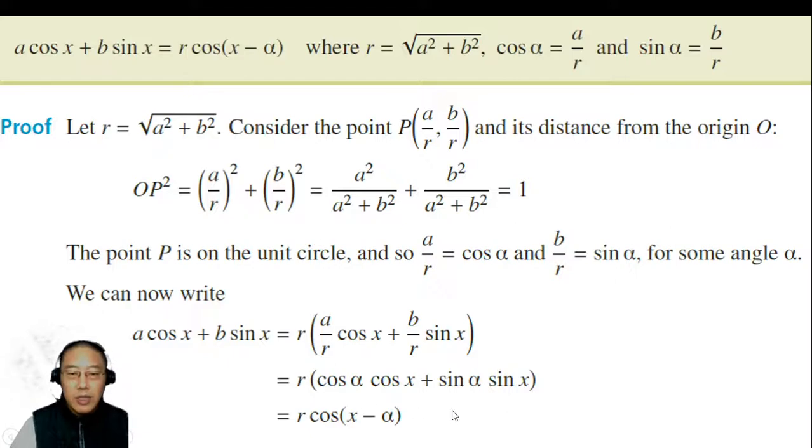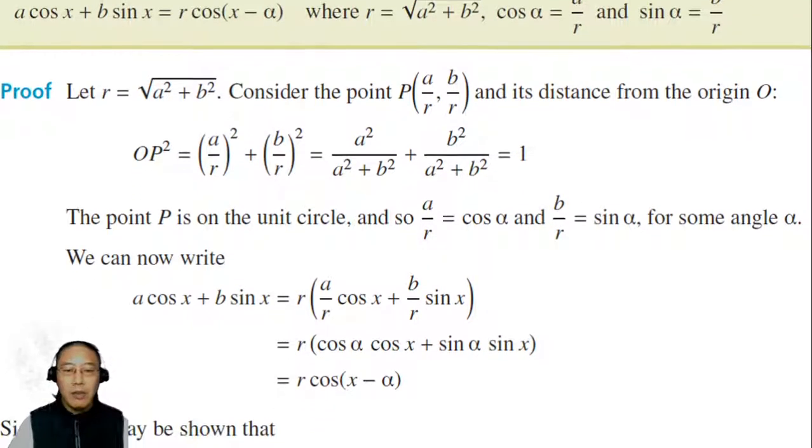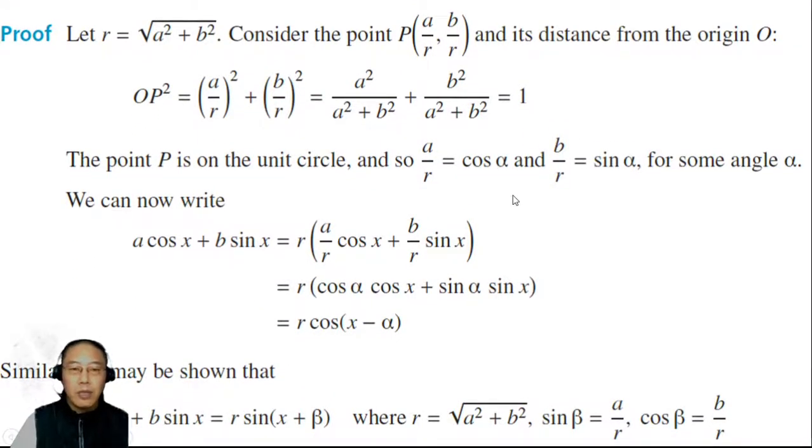This is using the addition rule, cos of x minus alpha. And here is the proofing for the first relationship. We can have that similarly for the second one when we define those ratios as sine of beta and cos of beta. You will have a similar proofing and you'll substitute with sine.